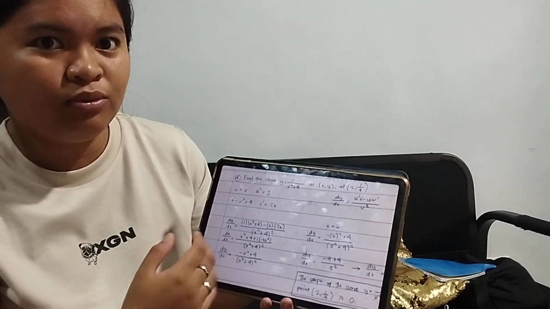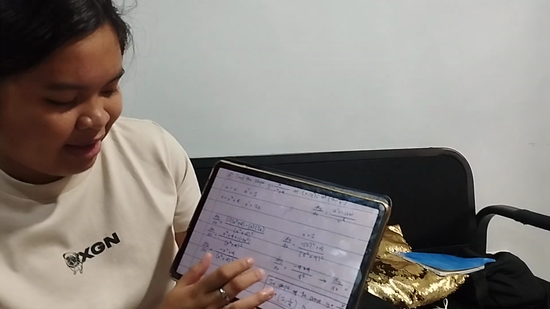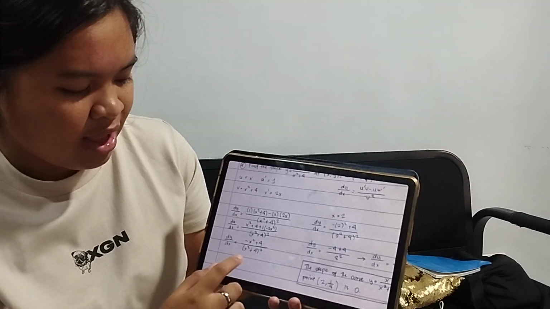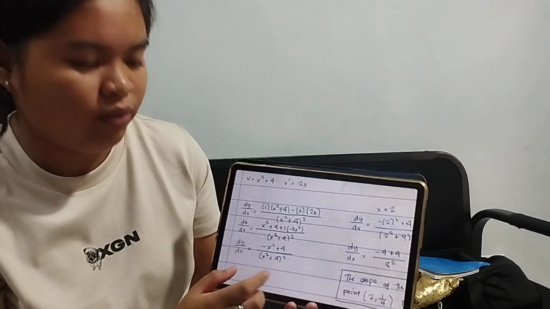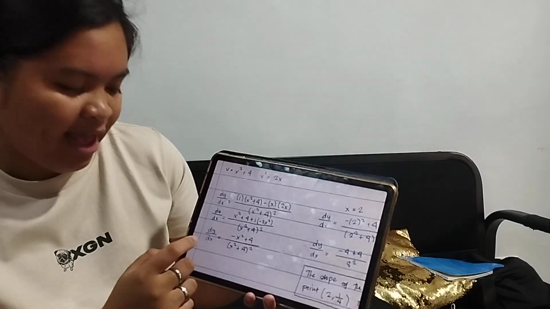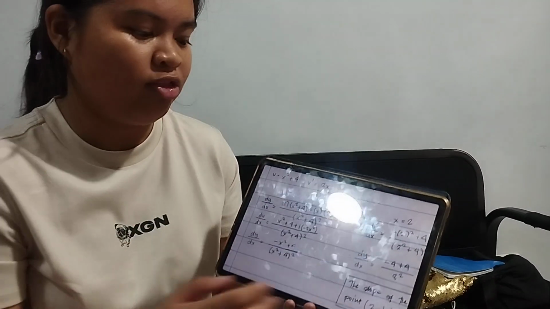Then we can substitute since we have the terms already, and combine like terms, which resulted in negative x squared plus 4 over (x squared plus 4) squared.